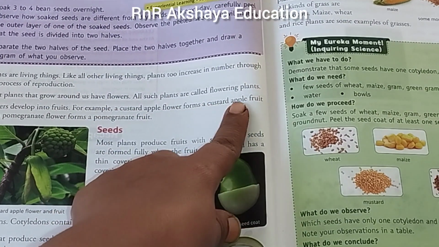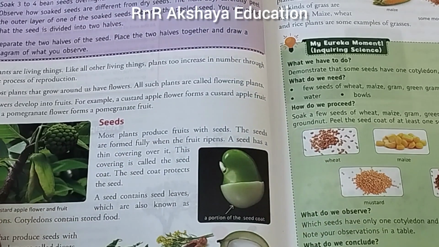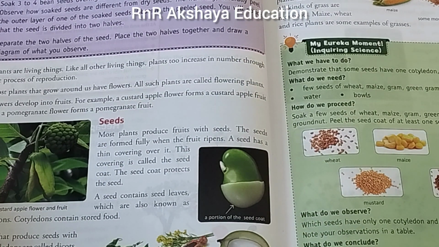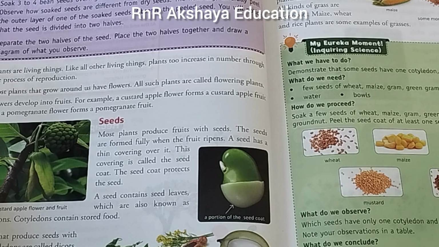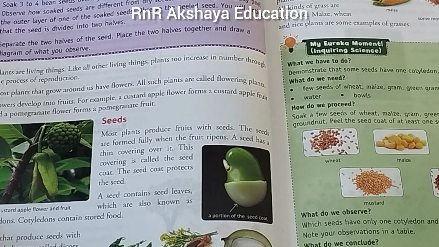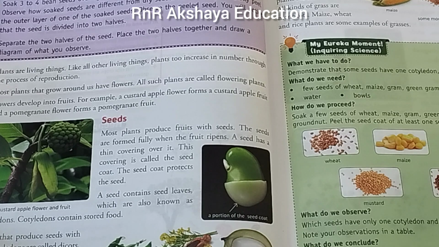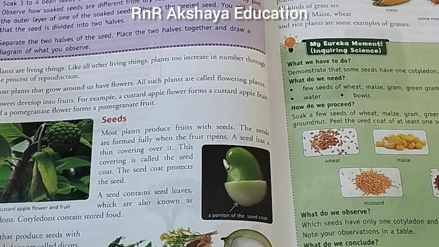All such plants are called flowering plants. What are flowering plants? Flowering plants are the plants which have flowers.